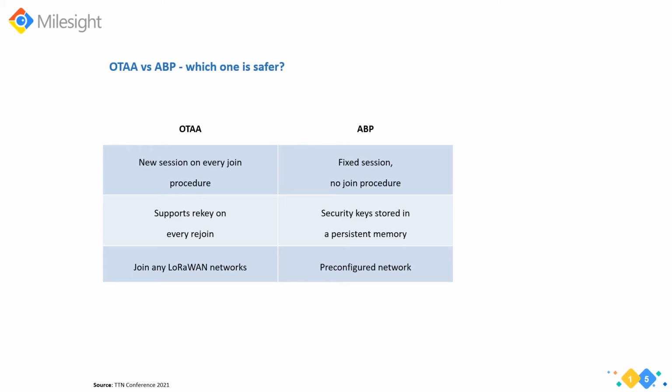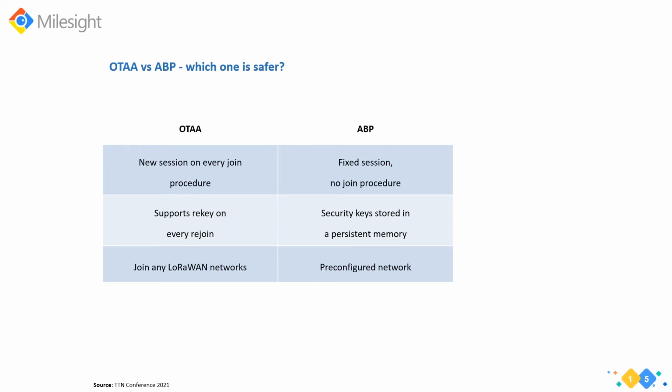And over-the-air activation allows rekeying. It means no matter whether it's a firmware upgrade or a LoRaWAN version upgrade, you can instruct the end device to join the network again. But through ABP, the session keys are stored in the end device, and they never change.